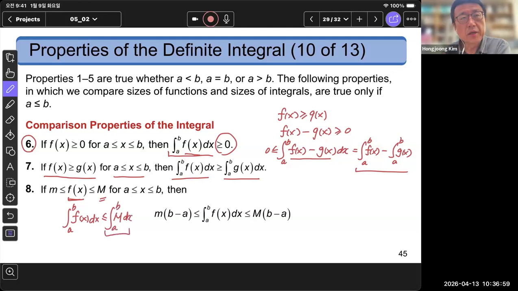This is the integration of the constant value M, which gives M times b minus a. So this integral will be bounded above by M times b minus a. If my f of x is greater than lowercase m, then by similar reasoning, that value will be greater than or equal to m times b minus a. So we have this property.